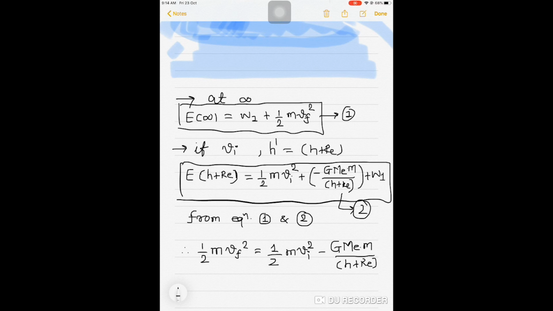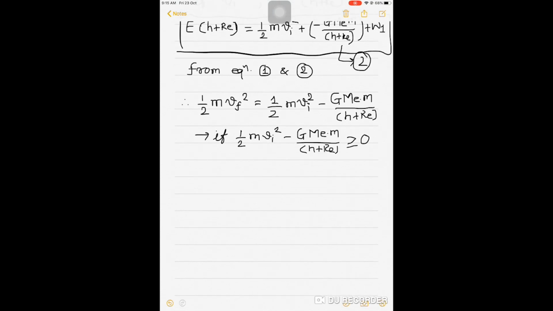Thus an object can reach infinity as long as vi is such that 1/2 m vi square minus G Me m over h plus Re is greater than or equal to 0. This is the condition that we can imply.